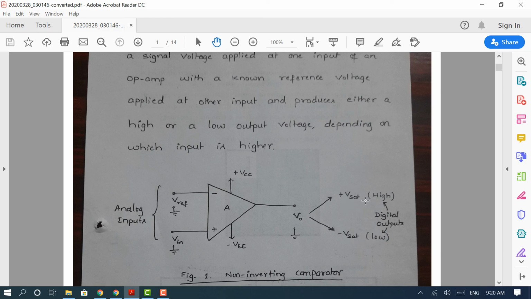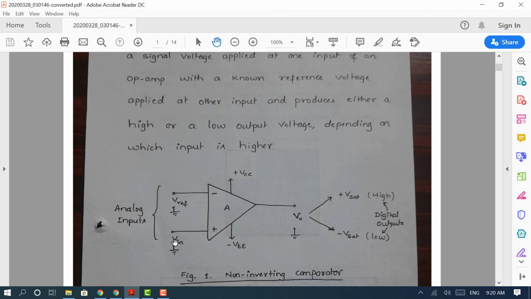Positive saturation we can call a high signal, and negative saturation a low signal. If you look at the output voltage levels, plus Vsat and minus Vsat, this looks like a digital output. So in a nutshell, we can call the comparator circuit an analog to digital converter.